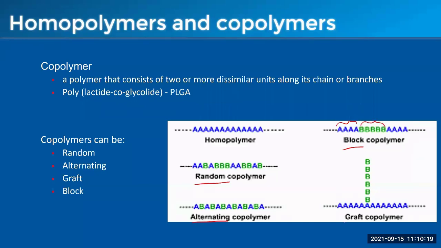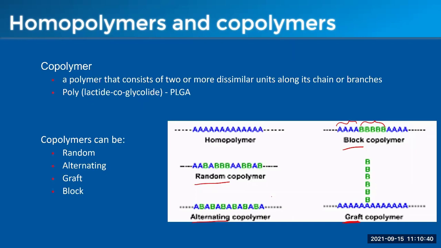Or we can even have what's called a graft copolymer, sort of like they graft a branch onto a tree or another type of plant, where the main chain consists of one type of polymer. It's a homopolymer of one chain, and we've grafted on a chain of a second type of monomer. So just some vocabulary to know.